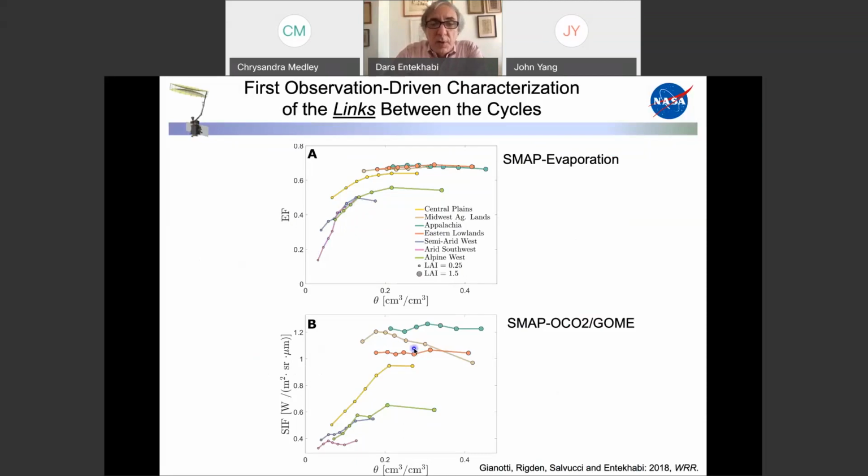For the carbon flux, we see the same two-regime behavior, but for different ecosystems, because there are different types of plants and density of plants, the plateau is different. It doesn't all plateau to the same number. So this is an observationally based benchmark for these two main closure functions between the water and carbon cycle over land.